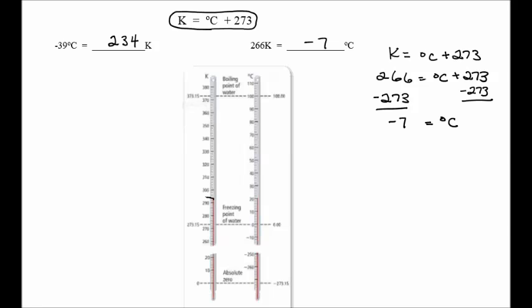Notice that a 10-degree change on the Kelvin scale is equivalent to a 10-degree change on the Celsius scale.